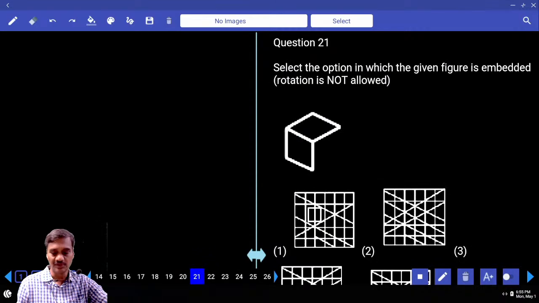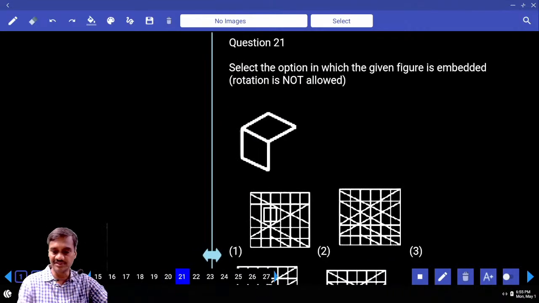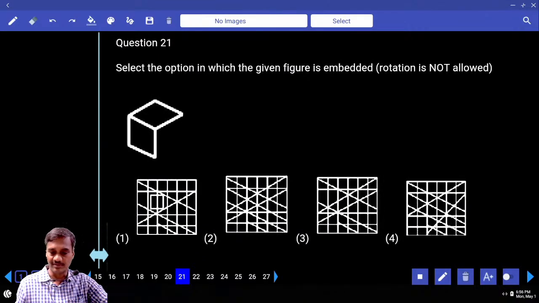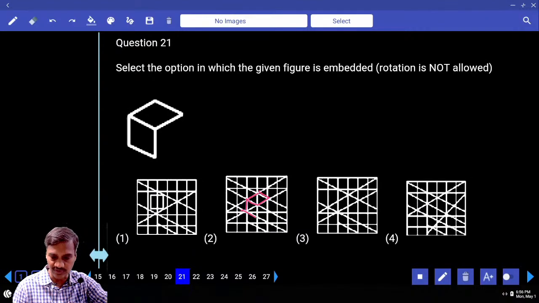Then the 21st, we need to find the embedded figure. What is the embedded figure here? Choice 2. We can take somewhere here like this. Can we form this? Now this is followed by this, and this is the vertical straight line.